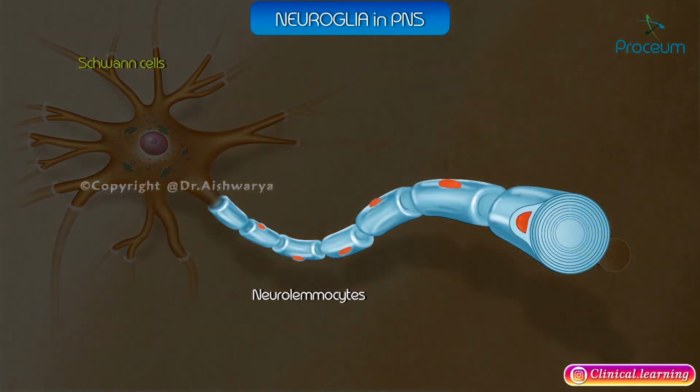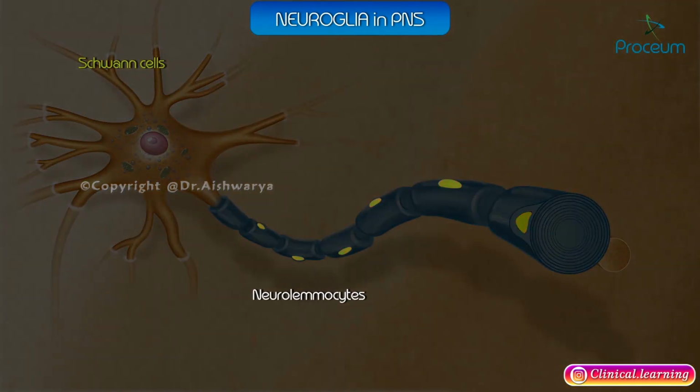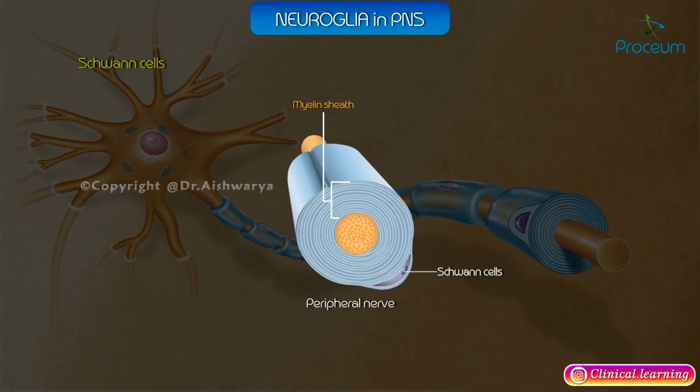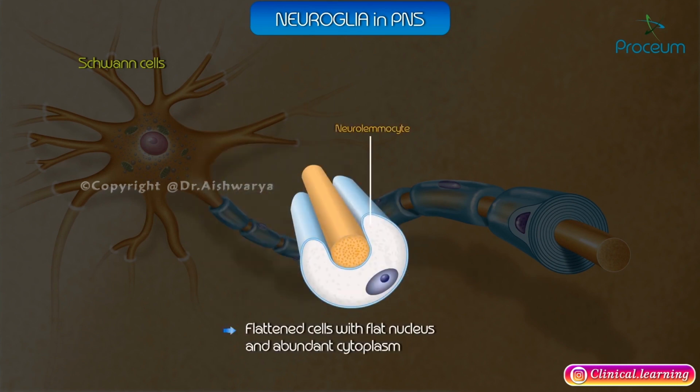These are also called neurolemmocytes. They form the myelin sheath around the axons in the peripheral nervous system, and these are flattened cells with a flat nucleus and abundant cytoplasm. Embryologically, these are derived from the neural crest and found only in the PNS.